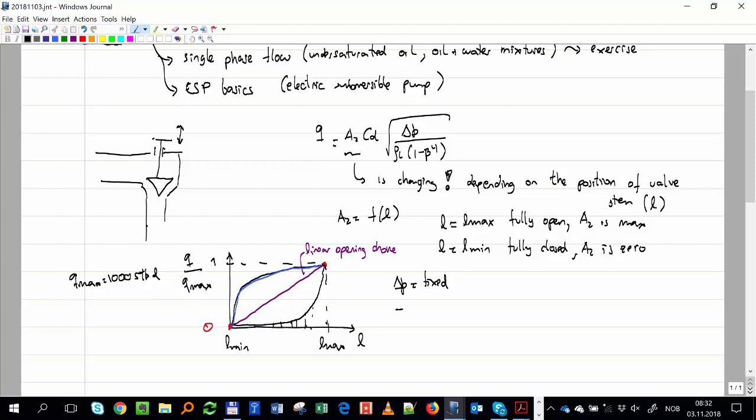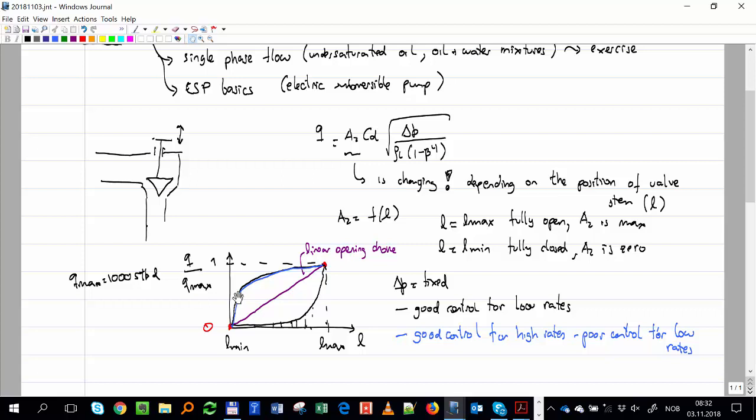The black choke is good control for low rates, and the blue choke is good control for high rates, but poor control for low rates. Because if you change the opening here a little bit, a few millimeters, it changes the rate dramatically. So it will jump.